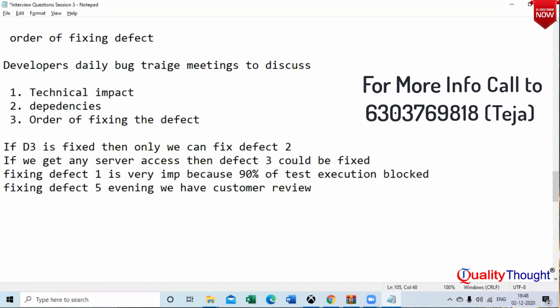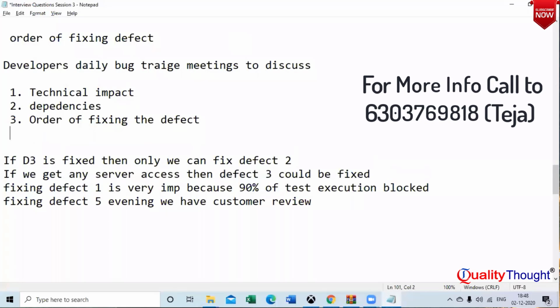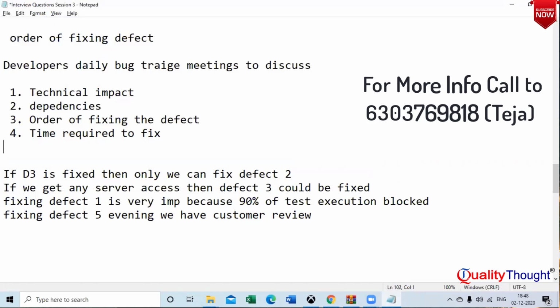What I wanted to tell here is they try to understand technical impact, dependencies, order of fixing the defect, time required to fix, and time available to release. How much time do we have to release this code?